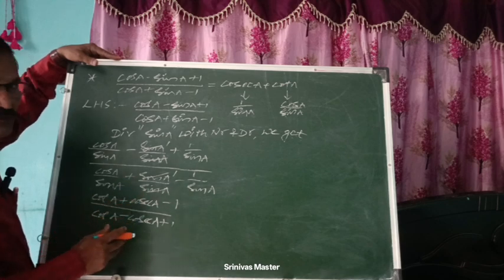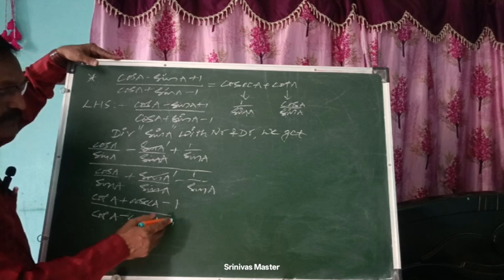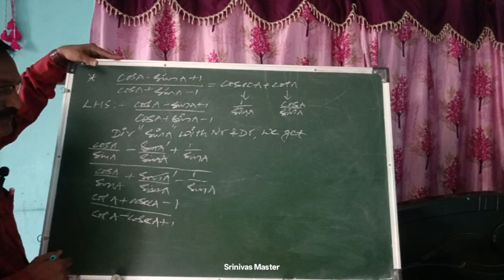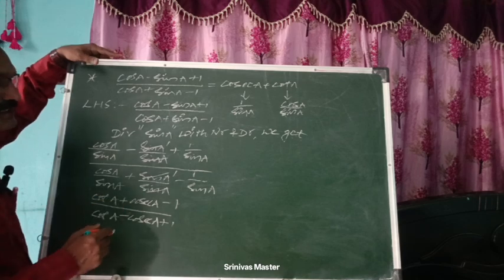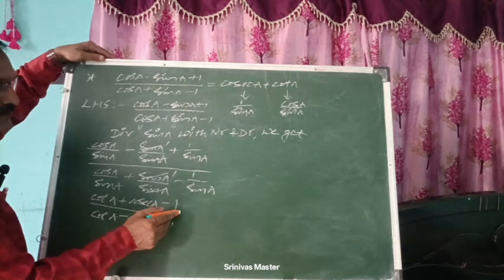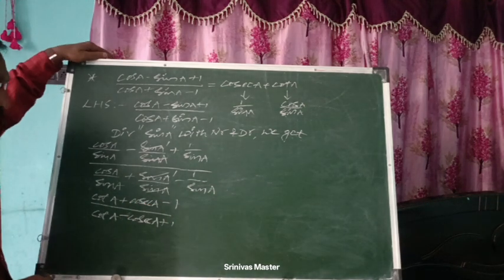If you change the denominator too, the problem won't be solved, it will just continue. According to the given question, cosec A plus cot A, we take only the numerator and eliminate the 1.